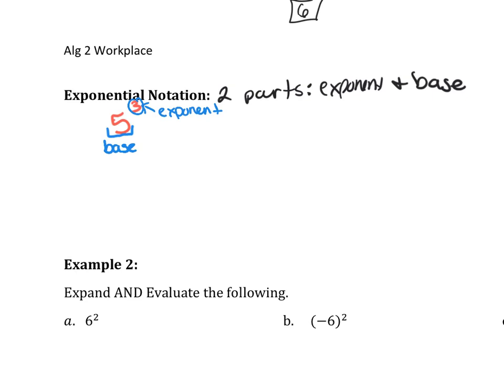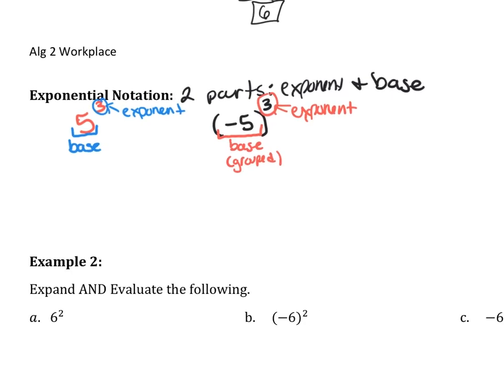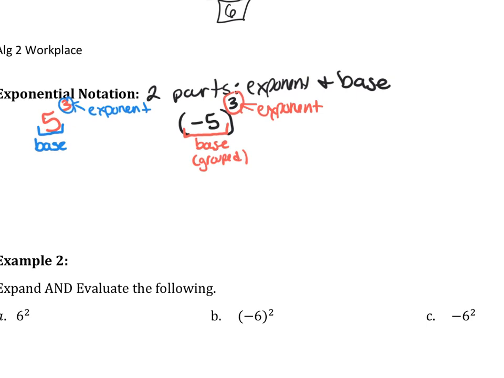If we had -5 raised to the third power, if it's inside parentheses, then this whole thing is the base. Everything inside the parentheses is the base. So -5 is the base, which is grouped together. That 3 is still the exponent. We could also have just -5 cubed with no parentheses around the negative and the 5.